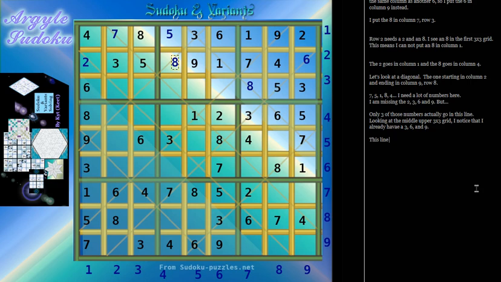This line is missing only a 2, 3, 6, and 9. This means that we must put a 2 here in column 4, row 3.